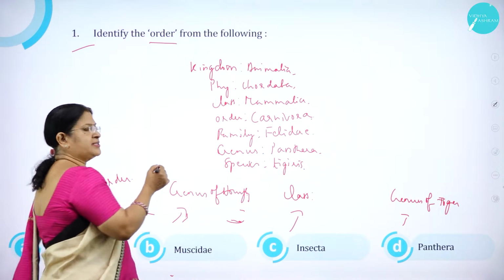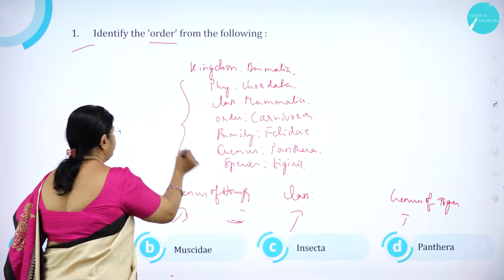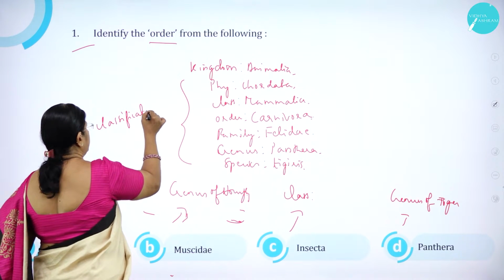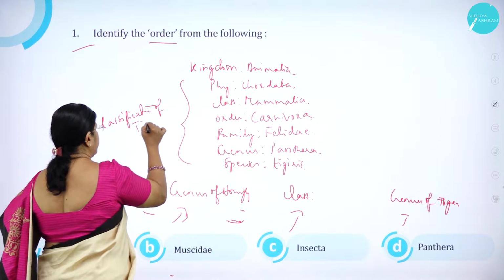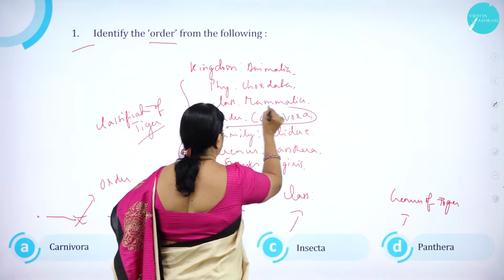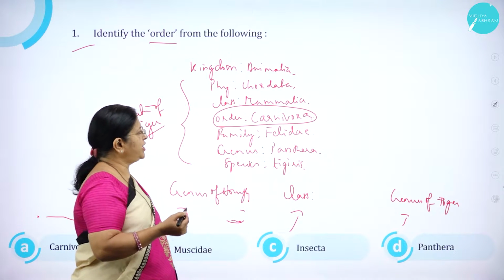So this is the systematic position or classification of tiger. So here you can see order Carnivora. Carnivores are flesh eaters. Order Carnivora.